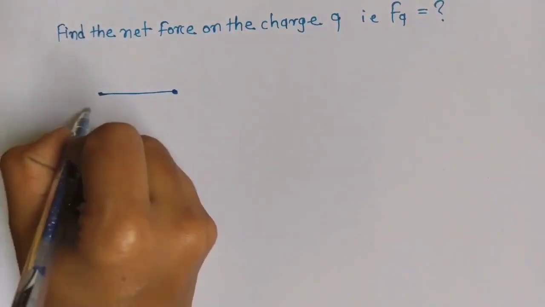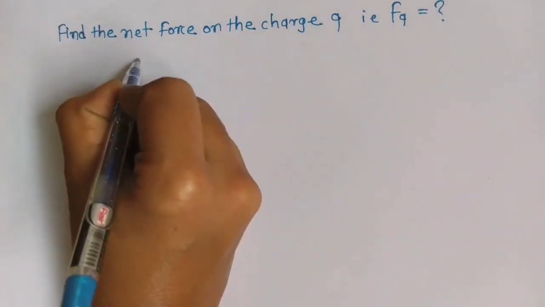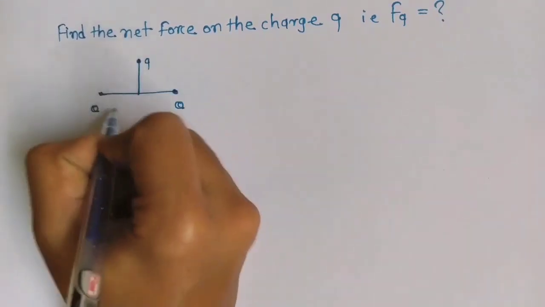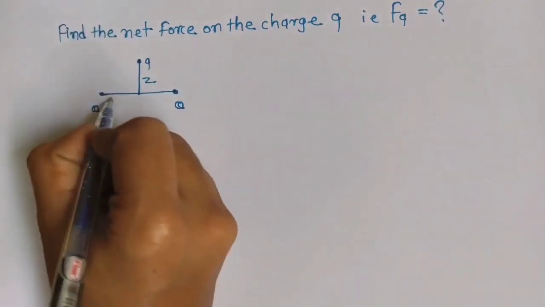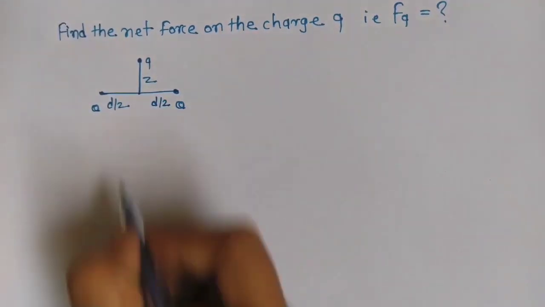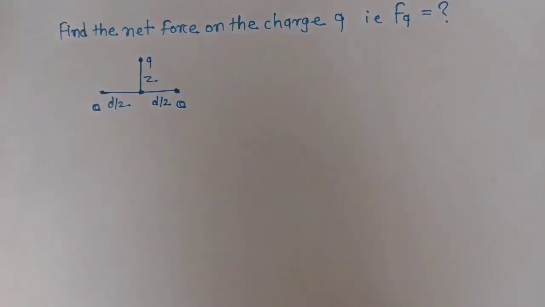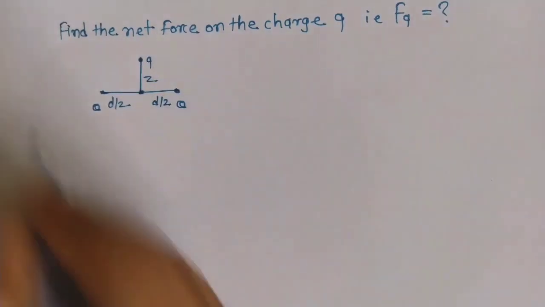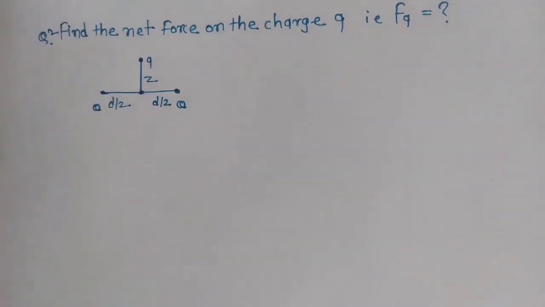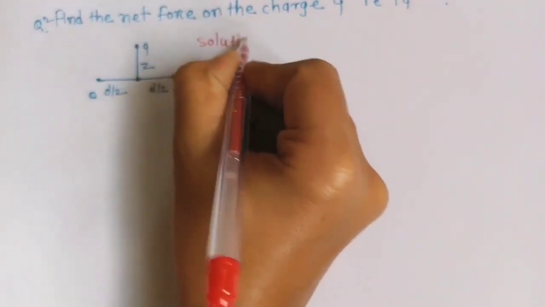We have two charges q and q, and due to these two charges we have to find the net force on the charge small q. The distance between the center and the charge q is d by 2 and d by 2, and the distance of charge small q to the center is z. Solution.